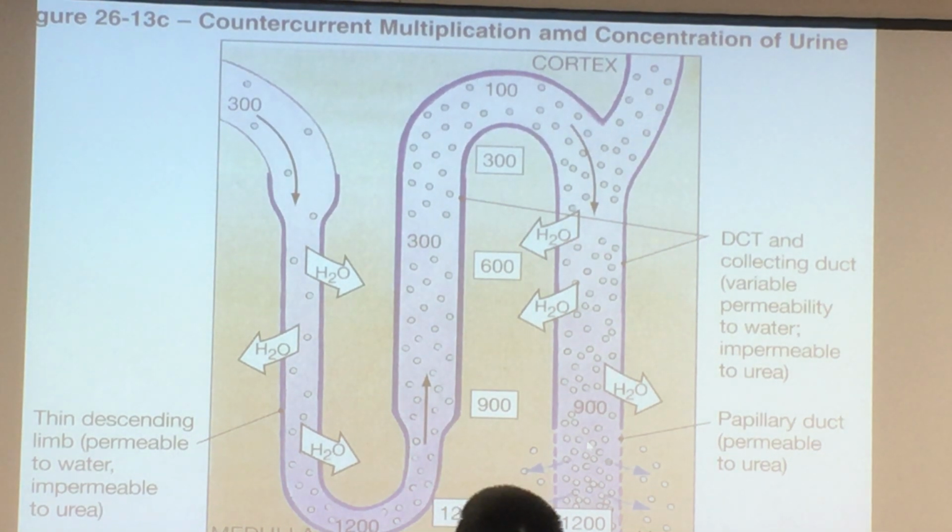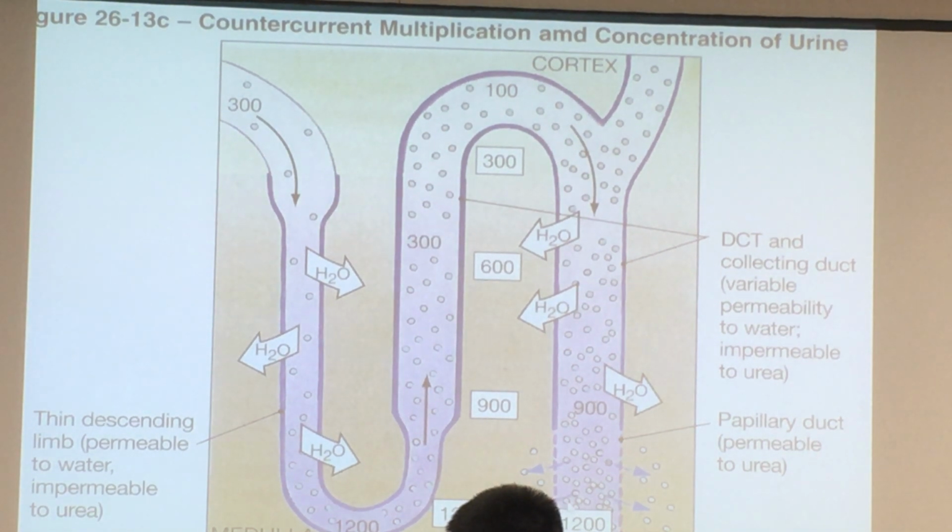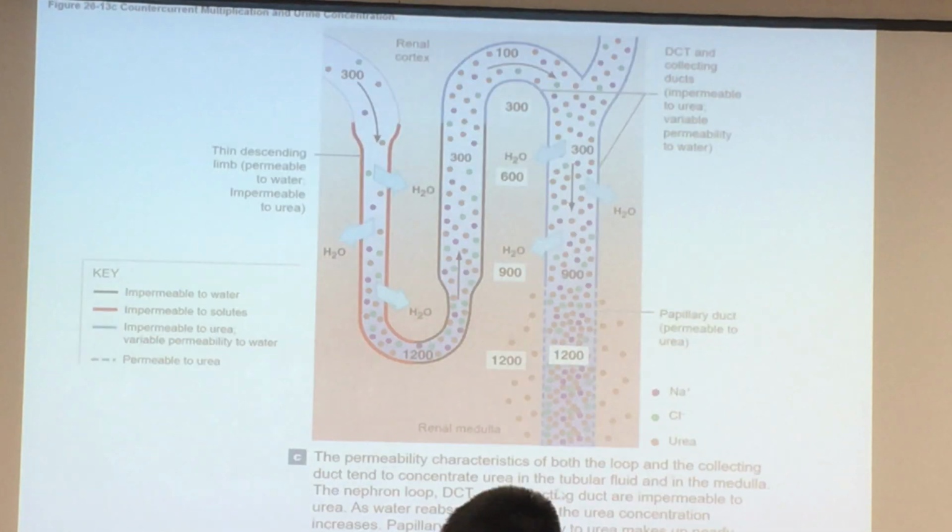But in the last part, the papillary duct, the urea, which we are supposed to get rid of, can also go to the medullary tissue, and it's two-way, in or out from here. And why is it doing this? Our book explains a little bit. Its permeability to urea makes up about one third of the fluid in the deeper portion of the medulla.